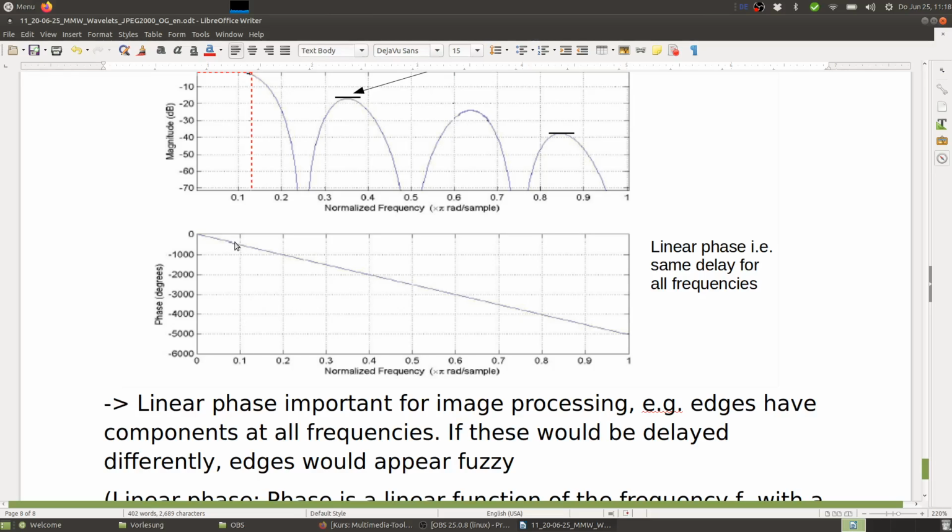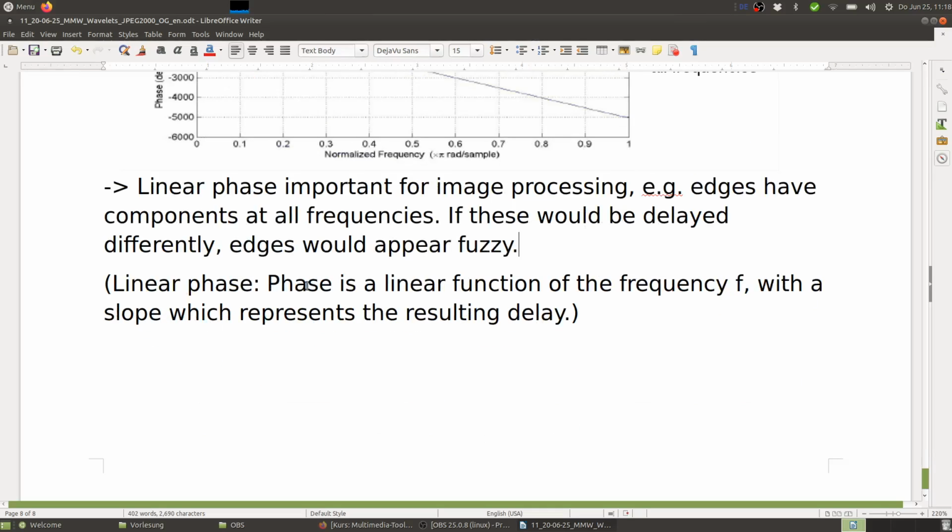So at each frequency we have the same slope, and that means we have the same delay, and this is important for keeping edges together again. Yeah, so here it's important for images because edges have components at all frequencies. Edges are basically a step function, and a step function has a very broad frequency response. And if these would be delayed differently, edges would appear fuzzy.